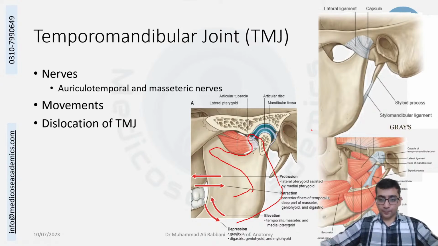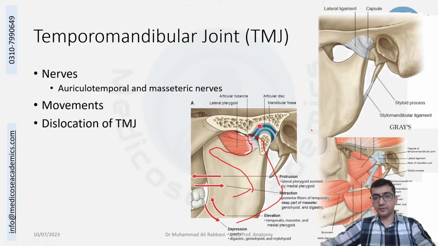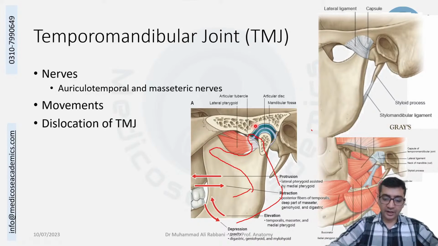Okay, now in the normal position in the closed mouth, the head is snugly fitted into this fossa, and even if the lateral pterygoid muscle tried to pull it forward, it would be blocked by this protrusion of the bone, the articular tubercle, because it is originally there.